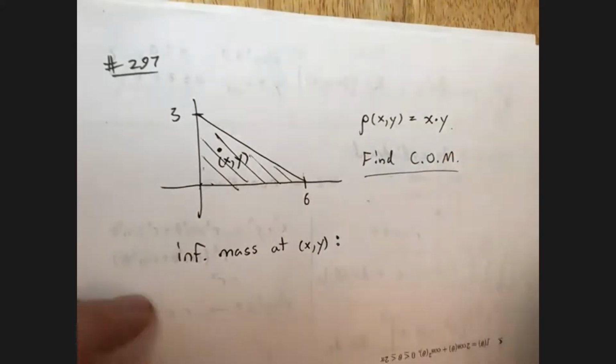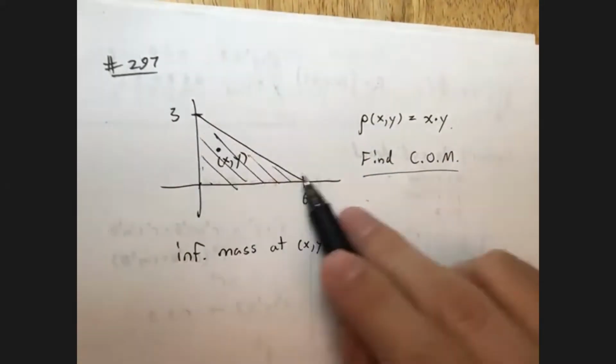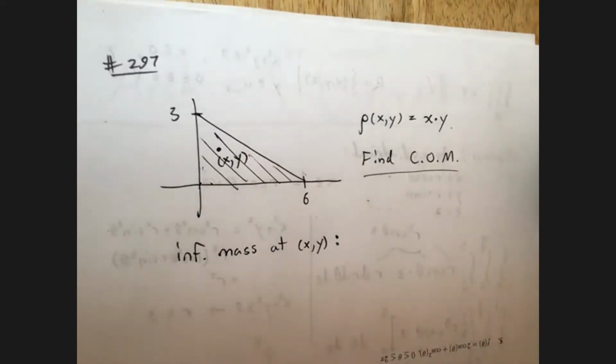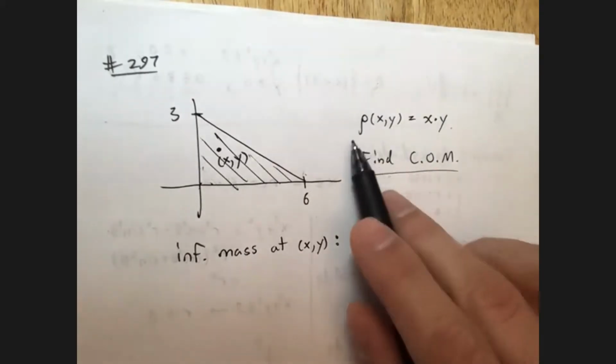The density here, for a plate in a two-dimensional problem, is not the linear density, it's the square density. The square density is mass per unit area, not the mass per length. So it's going to be like kilograms per square centimeter or pounds per square inch. That's what the square density is.